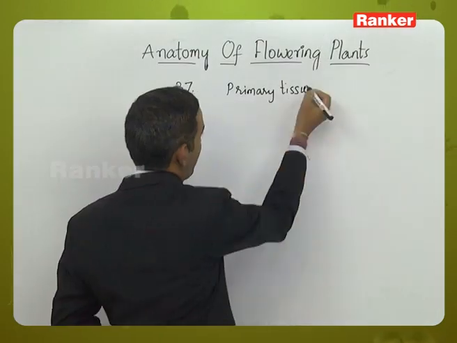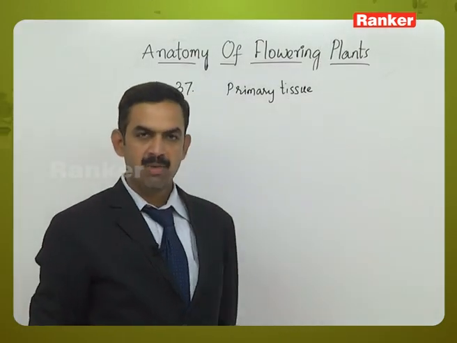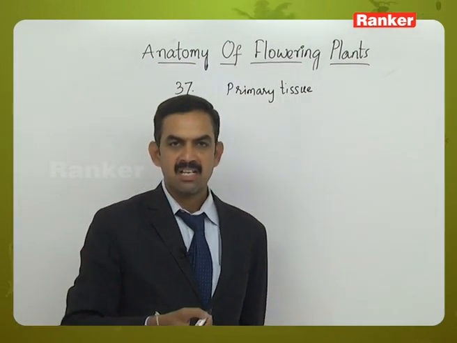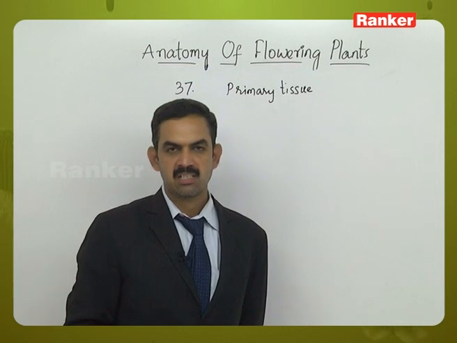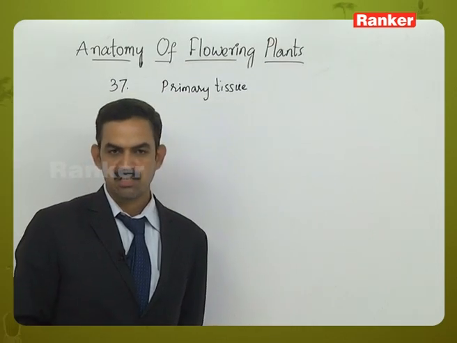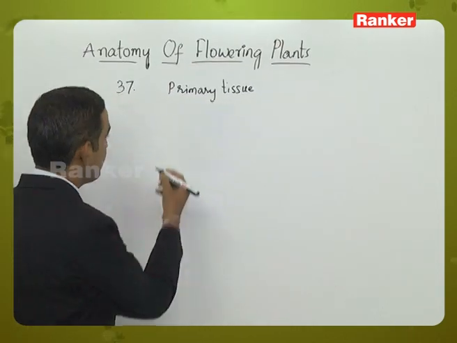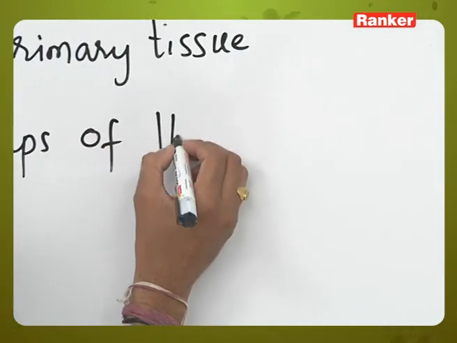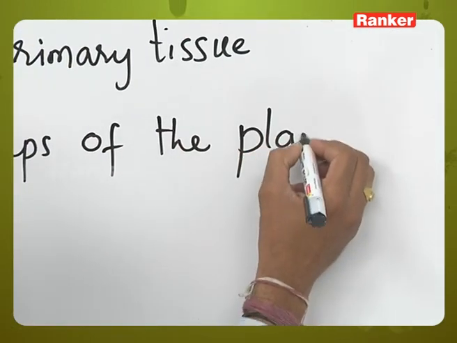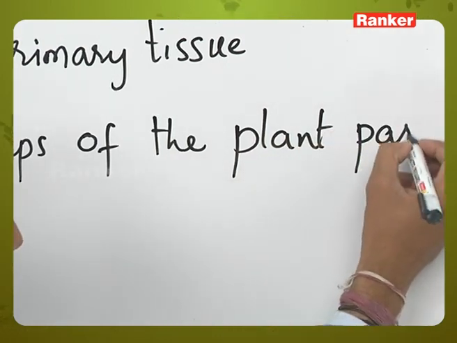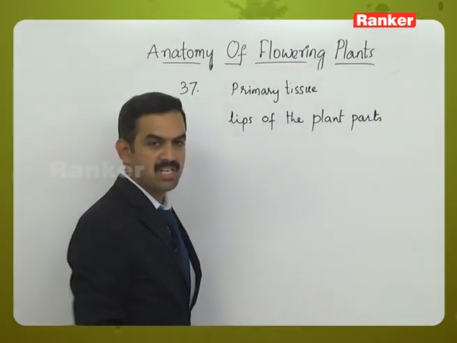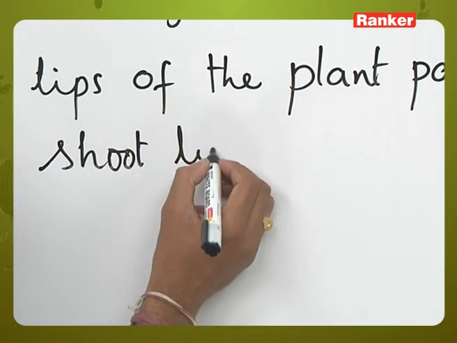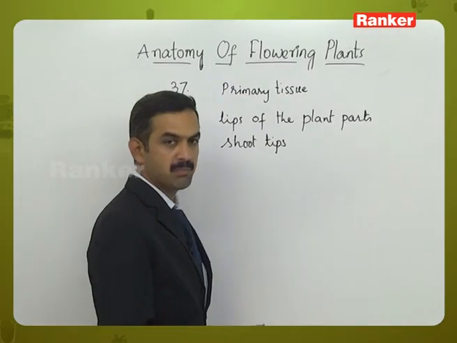Primary tissue may be seen in the majority of plant parts, but in which part of the plant body is it mainly present? These are mainly seen in the tips of the plant parts, like the shoot tips, that is tips of the stem and also the tips of the branches.